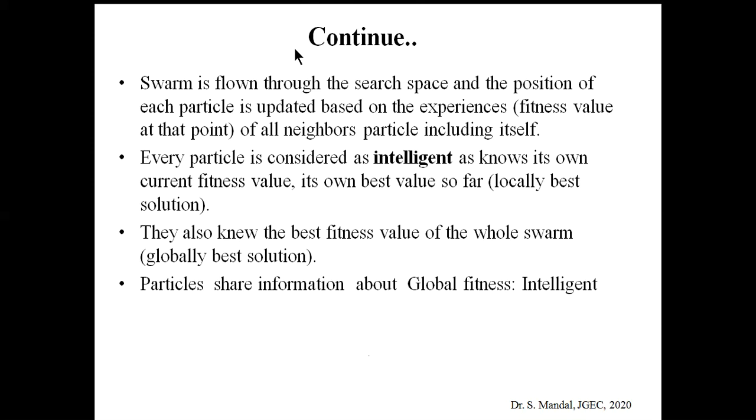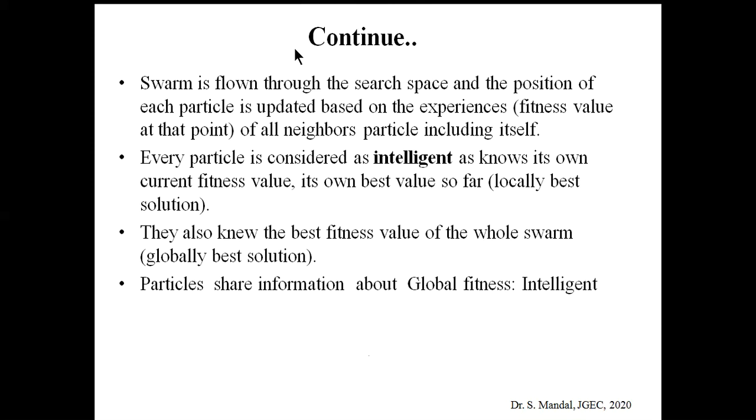Now, for each particle, there is another piece of information available, known as the globally best solution. Suppose initially for a particular problem, the number of particles is 50. So 50 particles will move in different directions depending on their experience.